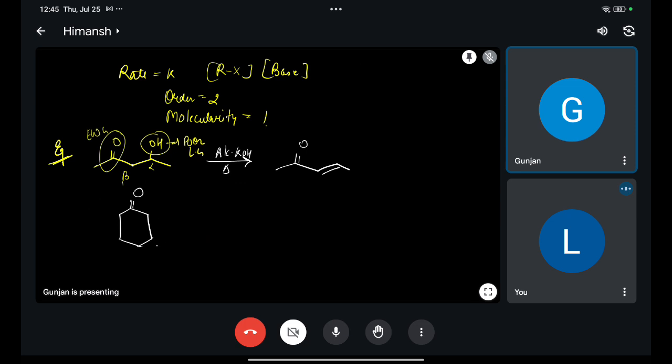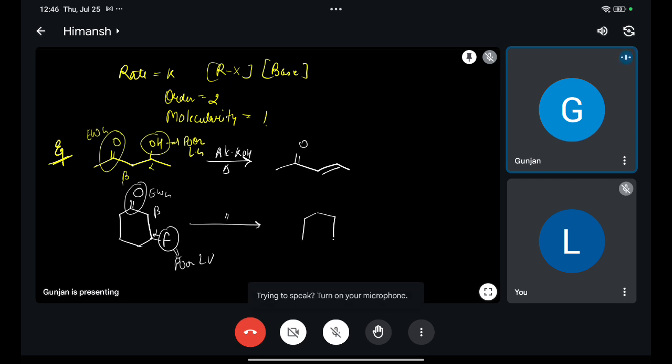Clear. Or you can write it like this. This is the electron withdrawing group. It's a poor leaving group. The electron withdrawing group is present on the beta carbon and this is the alpha carbon. So you are just adding this, and what are you getting now? Fluorine leaves and we get a double bond like this.